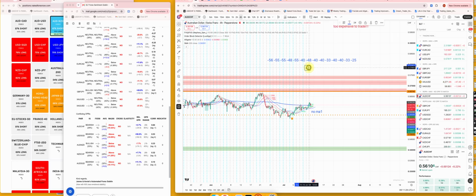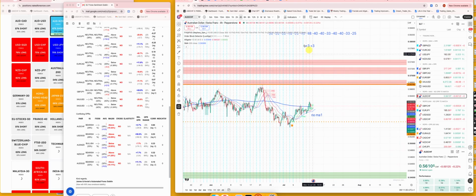Yeah, still bullish. This was one we got stung on last week. Can't remember where I entered, but anyway, I probably should have left that on the chart.